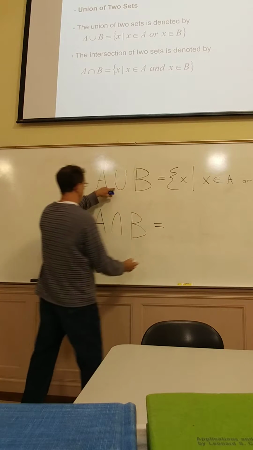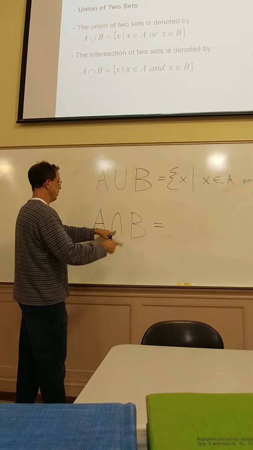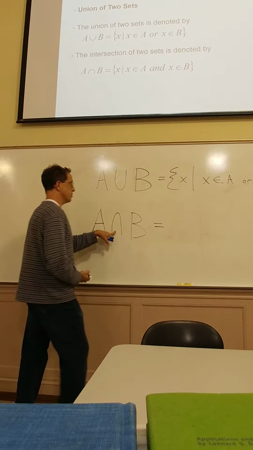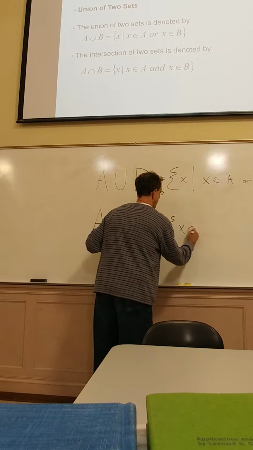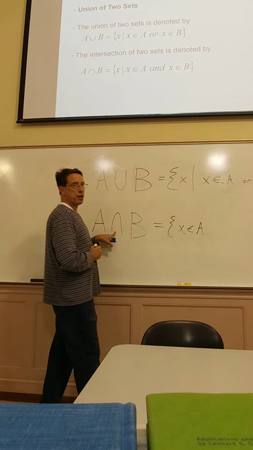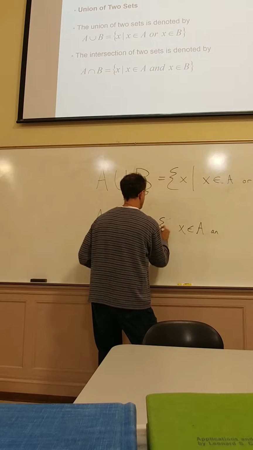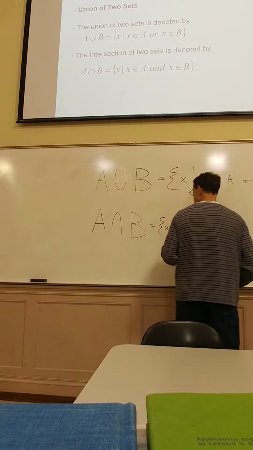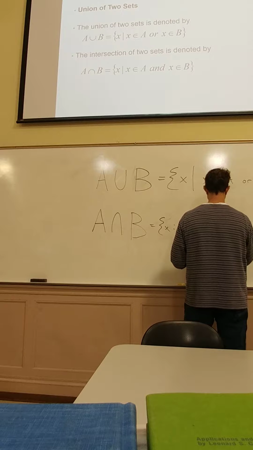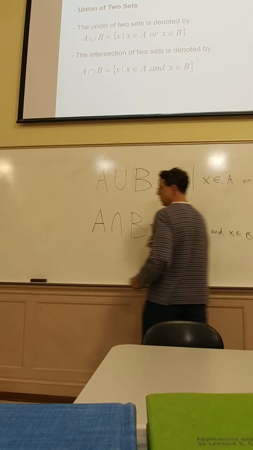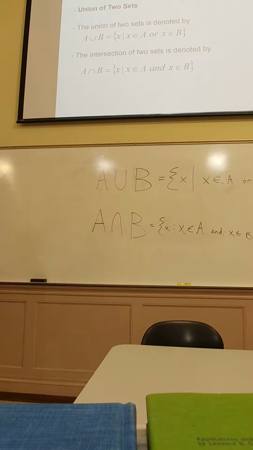I was always taught U is for union, and the second letter in intersection is N, which kind of looks like an N. So A intersect B is x such that x is an element of A and x is an element of B.